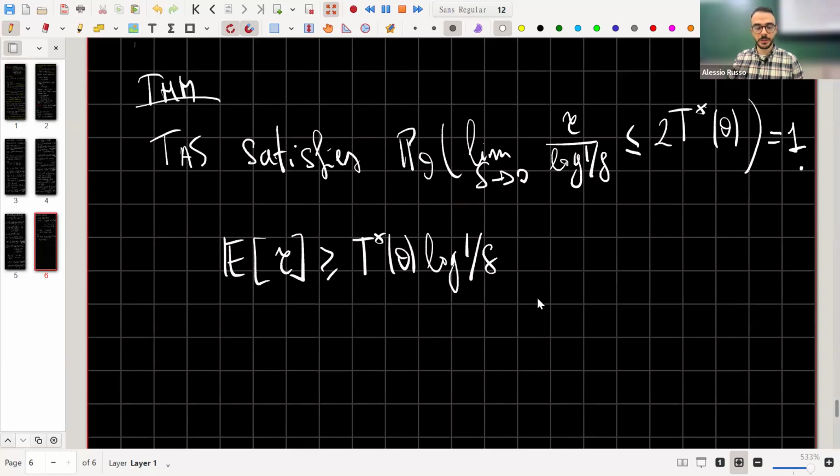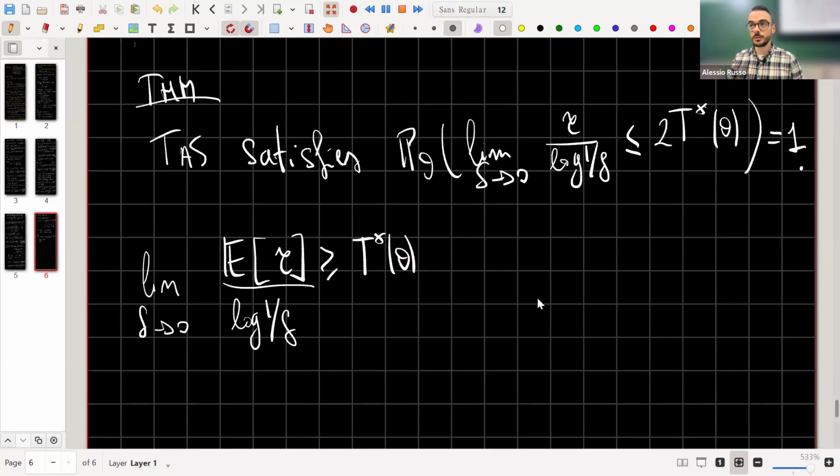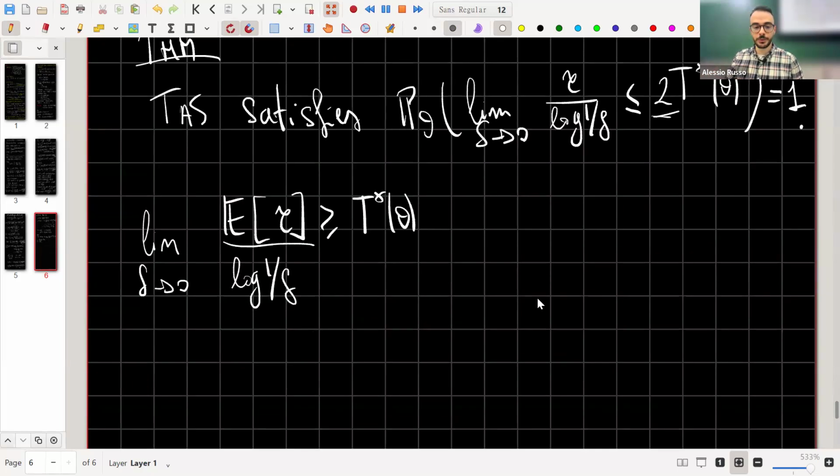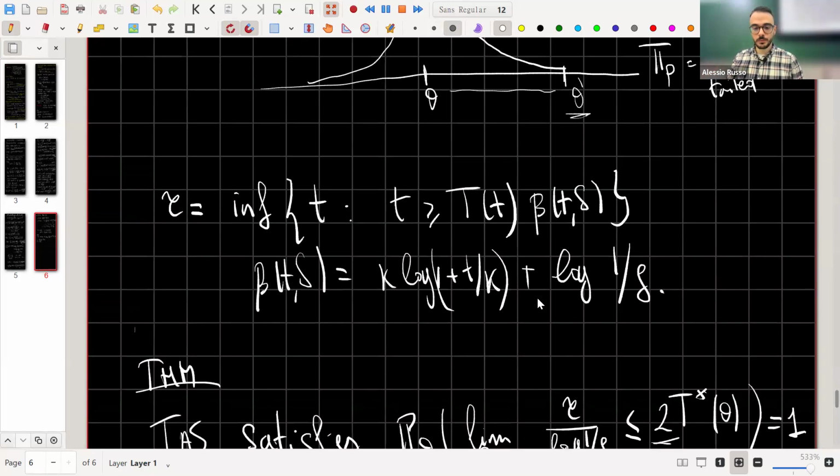You divide both sides by log(1/delta), and when you take the limit, this also holds. So the lower bound is T*, and here we have found an upper bound that is 2 times T*(theta). So asymptotically, we are optimal up to a constant factor 2. And this factor of 2 is the one I discussed before that comes from here.